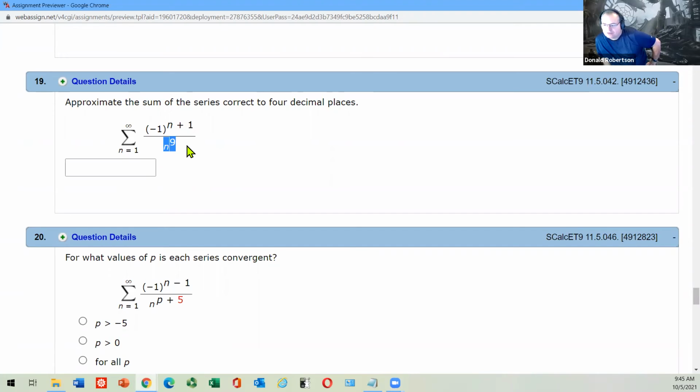If you want to be correct to 4 decimal places, right? So when you round it off, it's correct to 4 decimal places. You might think the answer is 0.0001. But it's not that. What is it?